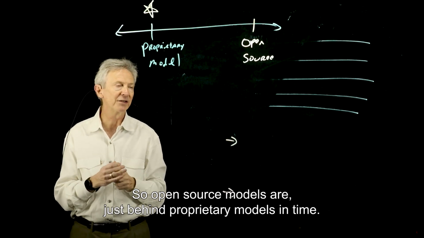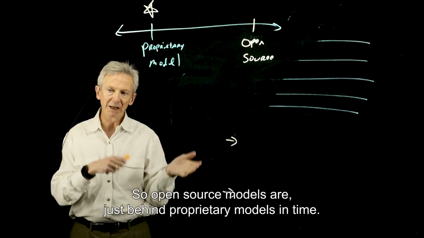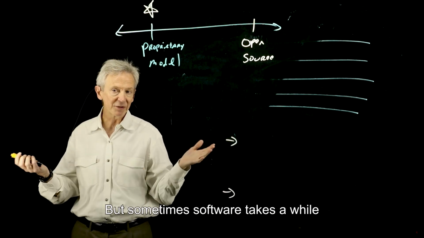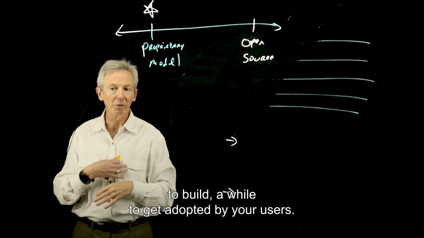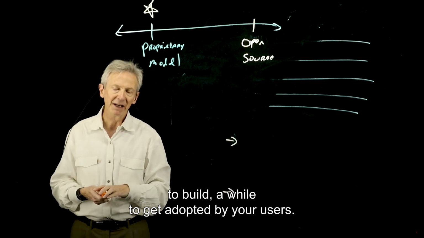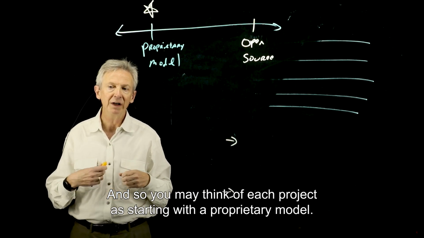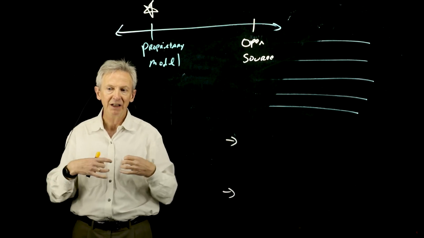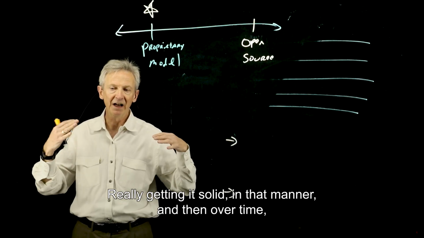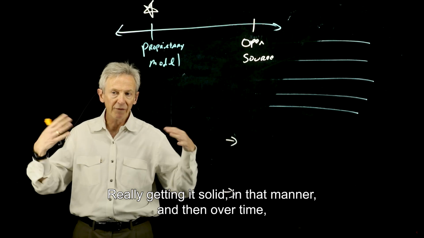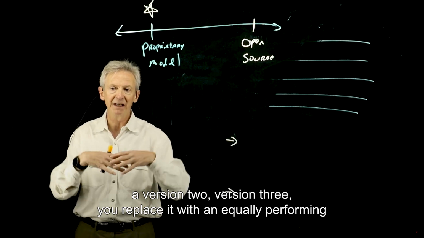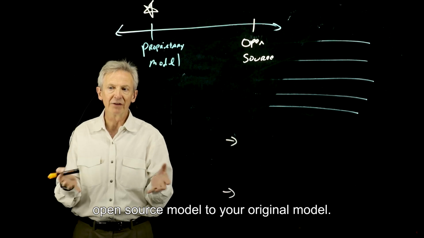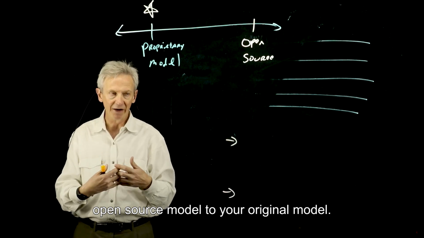So open source models are just behind proprietary models in time. But sometimes software takes a while to build, a while to get adopted by your users. And so you may think of each project as starting with a proprietary model, really getting it solid in that manner. And then over time, in a version 2 or version 3, you replace it with an equally performing open source model.